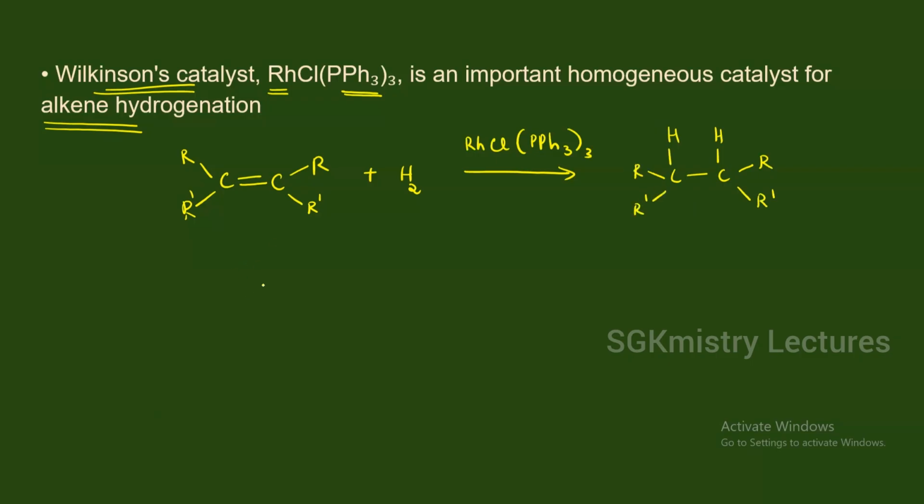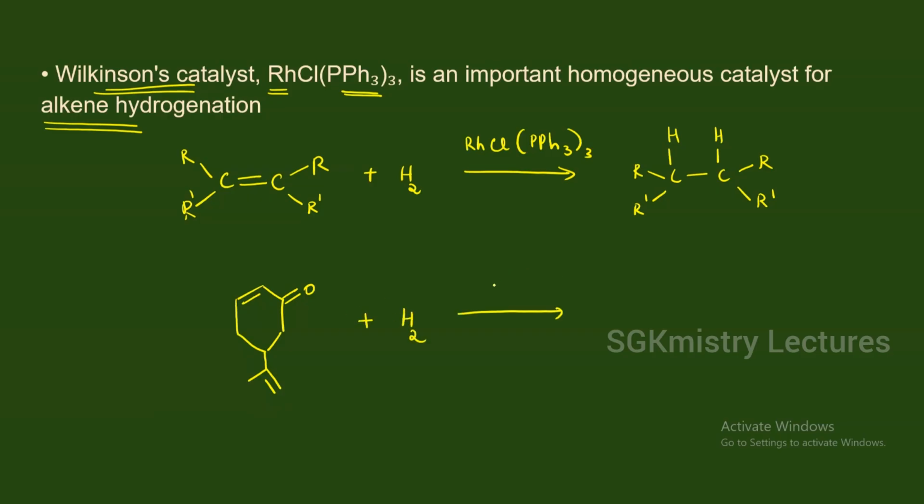So you can also take one more example, the cyclic compound. So now what is going to happen? This particular double bond is only reduced, which is easily susceptible for reduction.